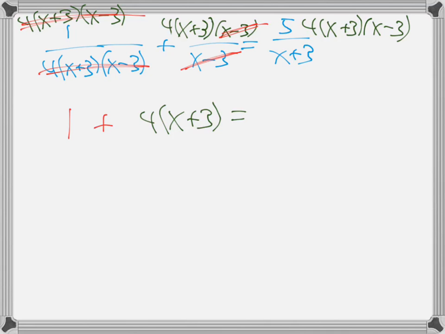There was a 1 there, but multiplying by 1 doesn't do anything. And then on the right side, x plus 3 cancels. So what's left? 5 times 4, 20, x minus 3. Everybody see that? These guys come down to be 20, 5 times 4. How are we doing?